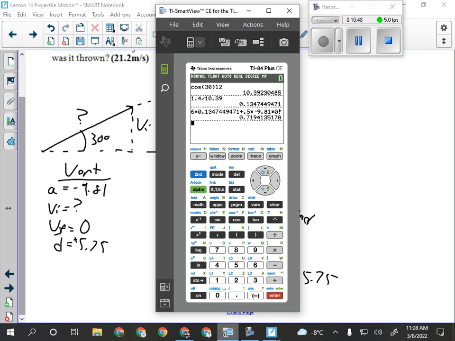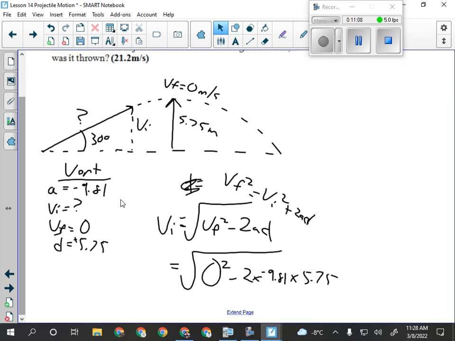So the square root of 0 minus 2 times negative 9.81 times 5.75. All right, so that gets me a Vi of 10.62 meters per second.